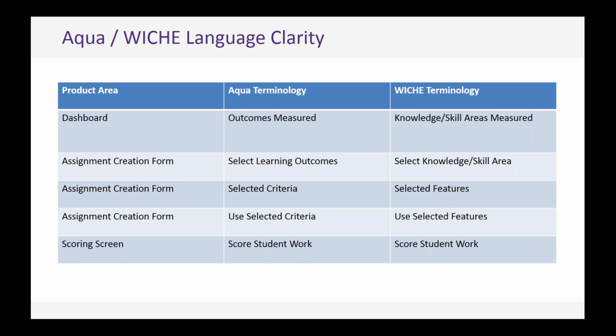Where we refer in Aqua to criteria, these are the selected features within those knowledge or skill areas. Also, using the selected criteria means using the selected features. And the scoring screen, if you'll remember from scoring the assignments before, Aqua calls the scoring student work area, which is better aligned to what we're doing now in the spring because you will be scoring the student work, so it's a little more aligned with the terminology.